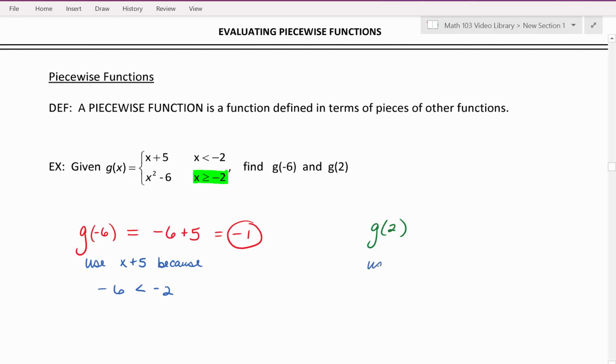So we're going to use x squared minus 6 when evaluating. Plugging 2 into x squared minus 6, that'll be 2 squared minus 6. 4 minus 6, we get g of 2 to be -2.